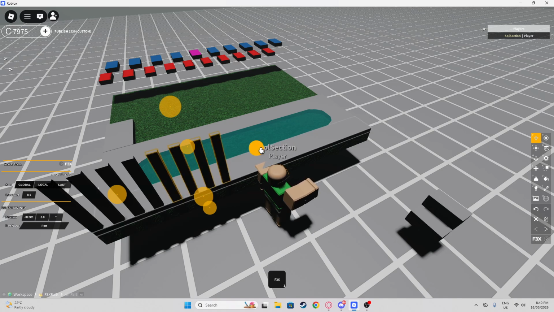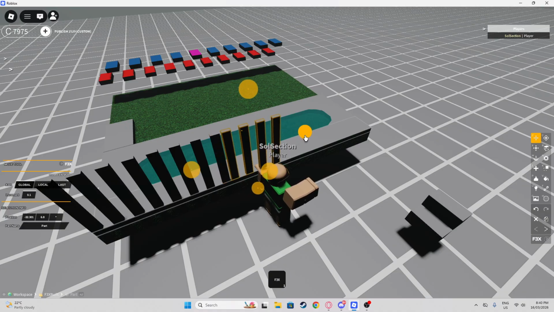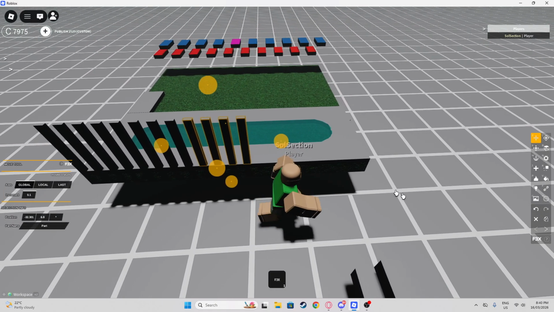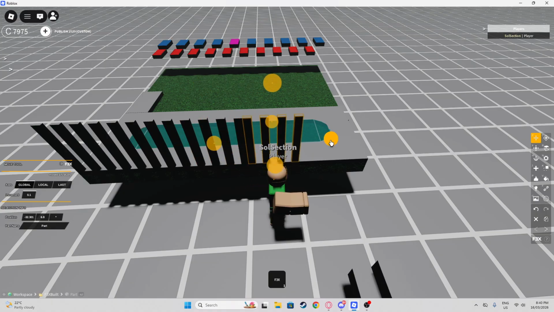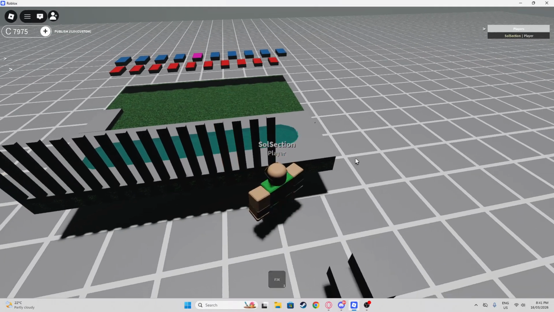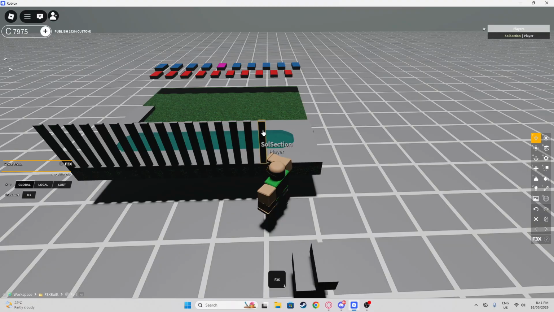I could select multiple things and then move them along. And boom. And then I can keep doing that. No, line this up with this, and then yeah, that's a bit more tedious.